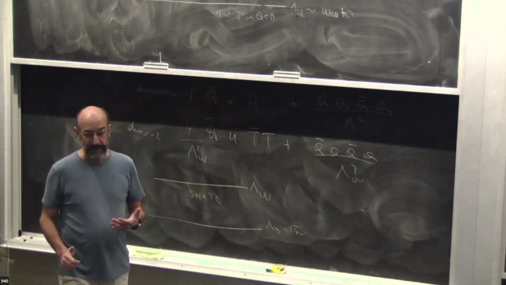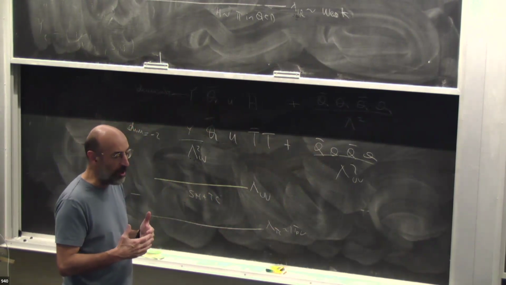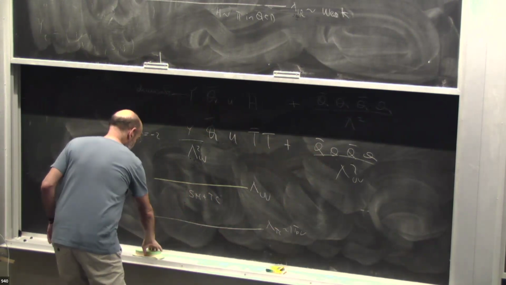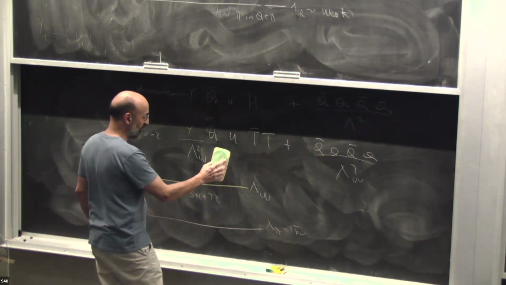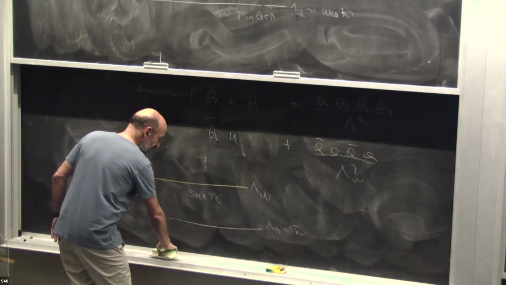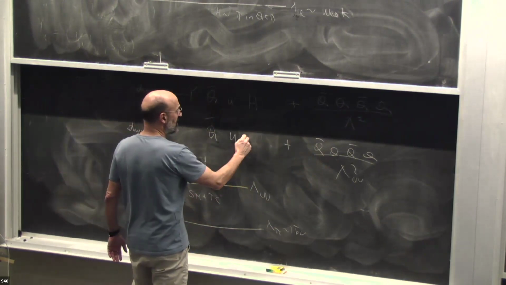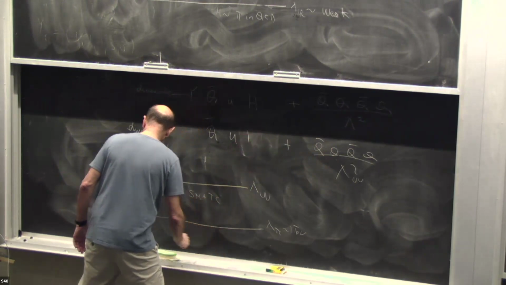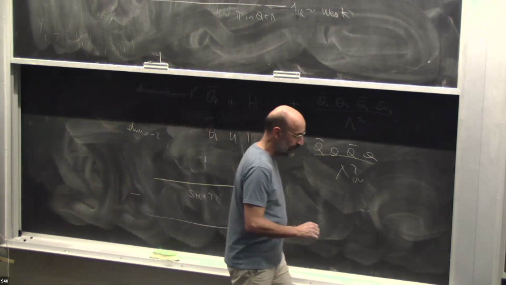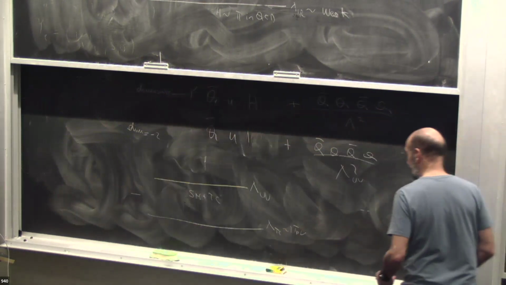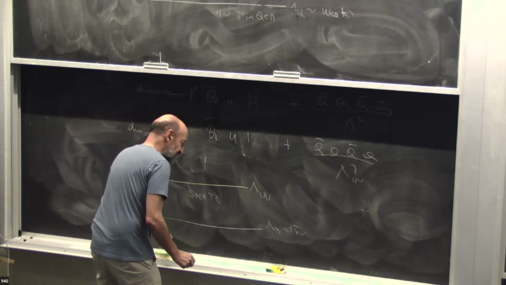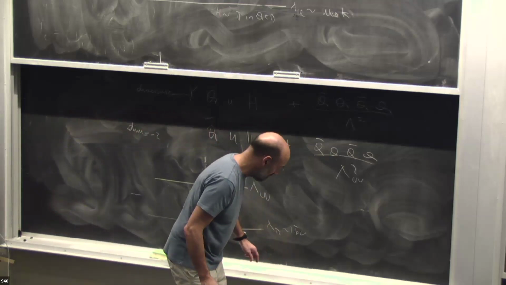So in the more modern incarnation of the idea of Technicolor, which is known as conformal Technicolor, the idea is that this T T-bar is some composite operator, which I indicate by H.